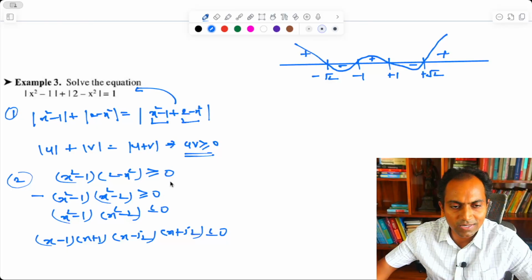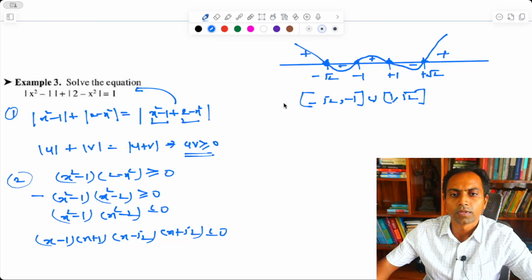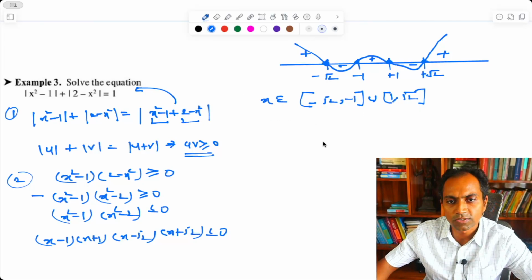You can see that there is an equal to sign here, so we will include the points where it becomes 0. If there had not been equal to, we would exclude those points. We want values smaller than or equal to 0, so my answer becomes minus root 2 to minus 1, where it is negative, we will include the points, union 1 to root 2. Okay, so these are the values that are going to satisfy this equation.